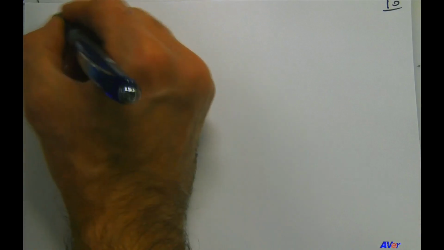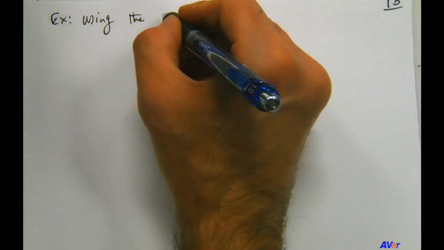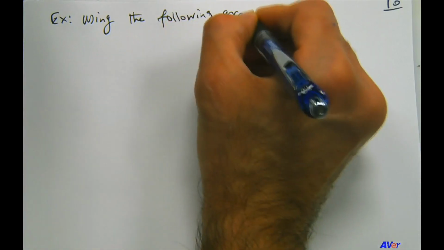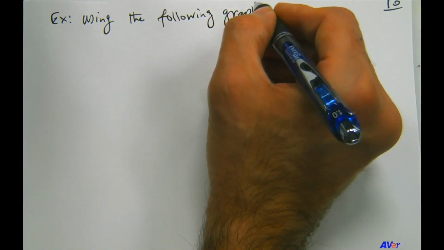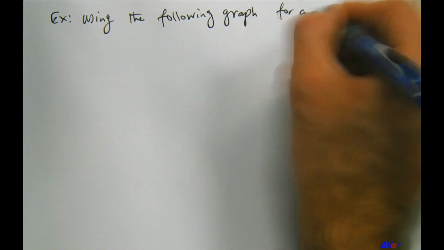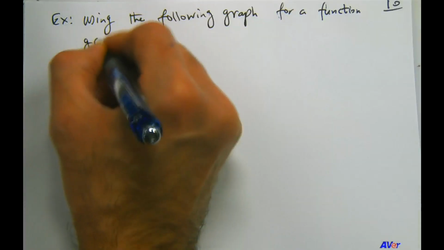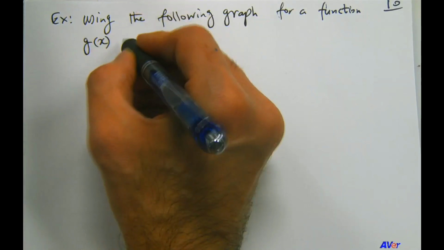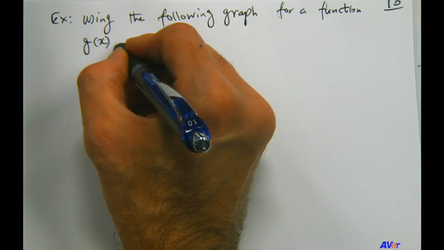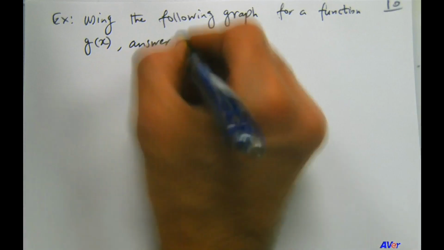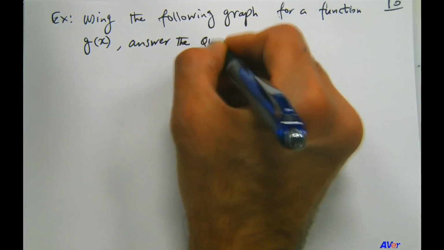So suppose we have this example where we want to use the following graph for a function g of x, and let's answer the questions below.